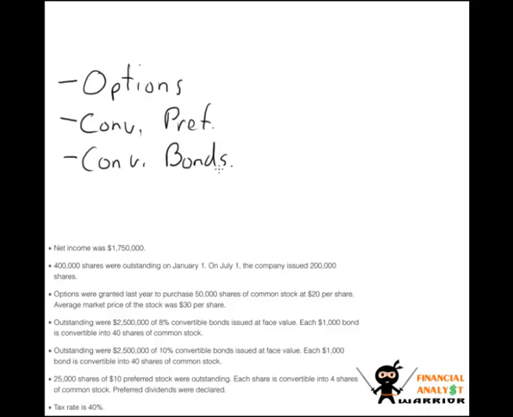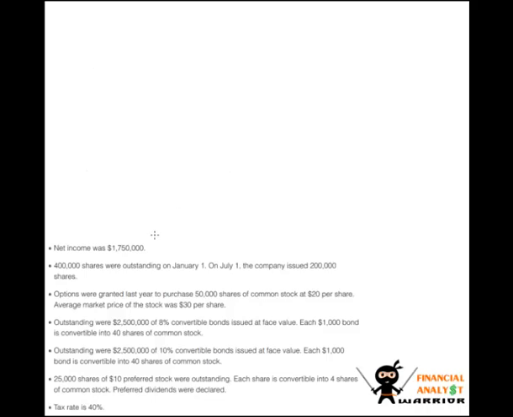Now, if you first try to solve the problem that we have here in terms of the basic EPS, you will have to use the following formula: net income minus preferred dividends, all of that divided by the weighted average number of common shares outstanding. So we have the net income. Usually it's going to be given in the question.